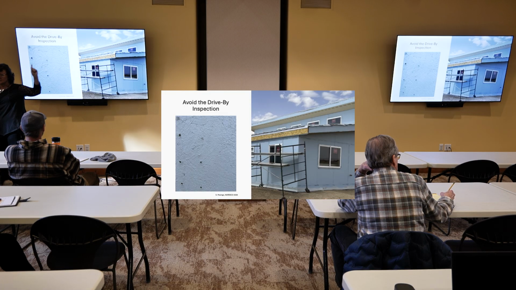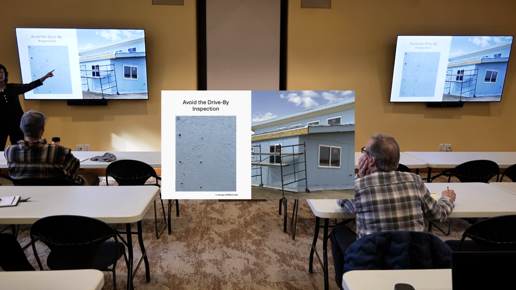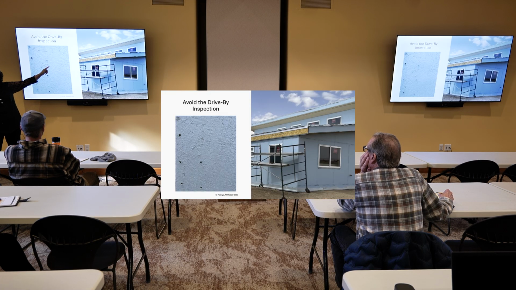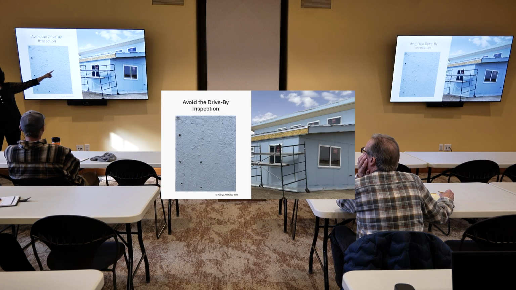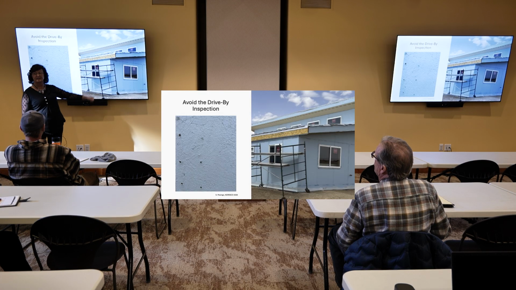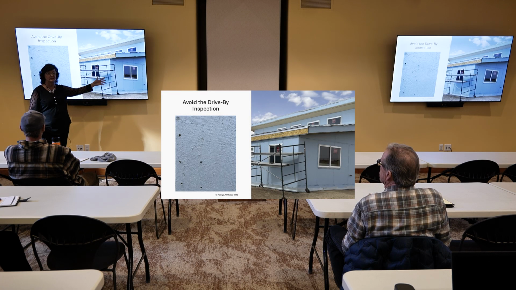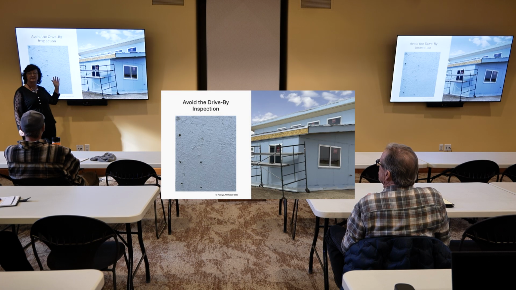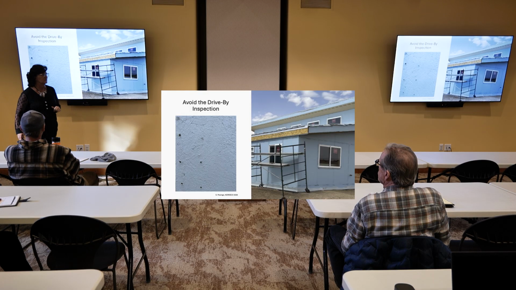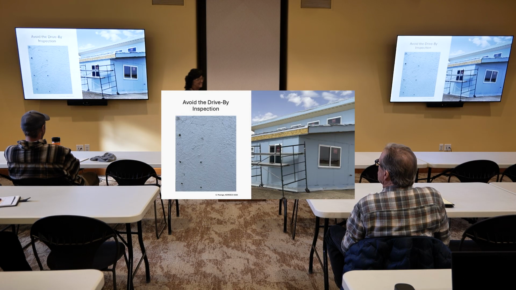It was actually a fluid applied air barrier. But from afar, I thought, wow, I've never seen a house in New Mexico do continuous insulation. I'm going to go look at that. Yeah, it wasn't. So don't do drive-bys. You never know what you're going to find out there.